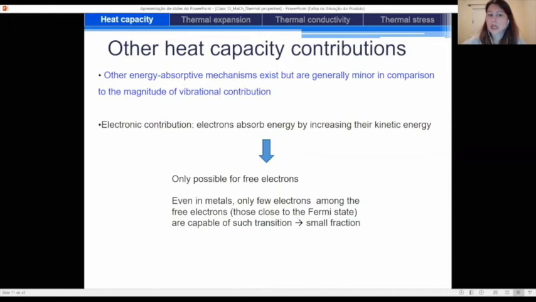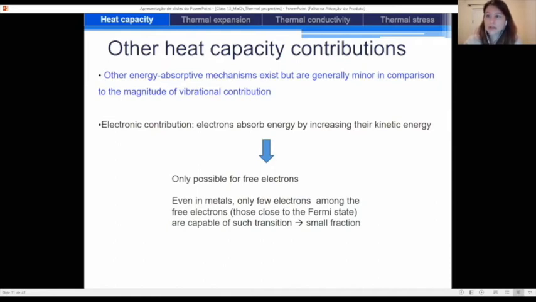There is also the electronic contribution, which exists in the case that we have free electrons in the material. In that case, the electrons that can move in the material will absorb the thermal energy by increasing their kinetic energy. That is only possible for free electrons, because only free electrons can move and travel in the material.